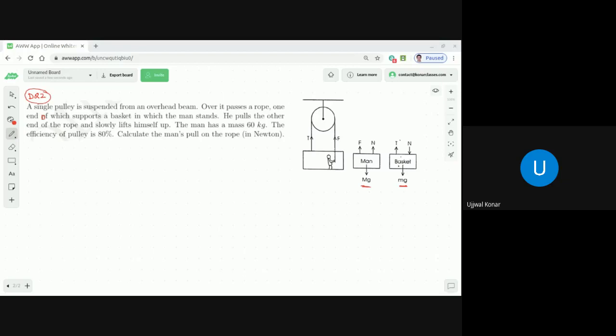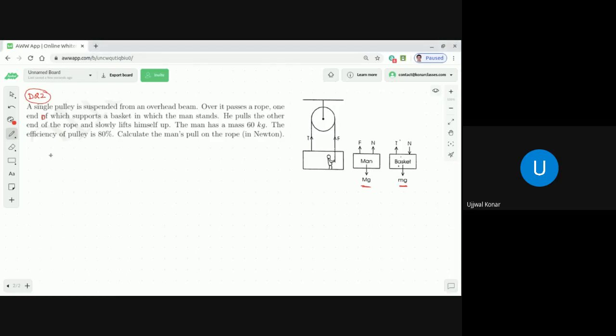Correct? Now F is the force exerted by the man. So that means F is the force exerted. Then what we can say? F plus N should be equal to M into g. Correct or not? So you understood what I'm talking about. Let N be the reaction of the basket on man.